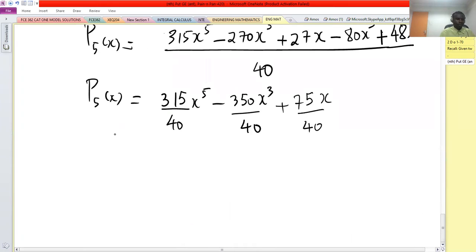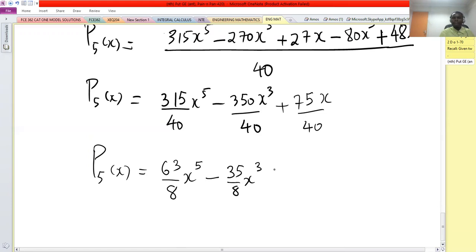And realize that 315 divided by 40 is nothing but 63 over 8 x to the power 5, minus 350 divided by 40, which is 35 over 4, not 8.